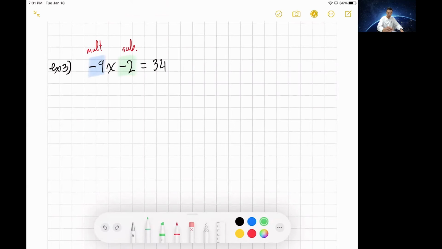So again, I'm assuming that you already paused and you tried it. And now I'm going to show you what the answer is. Plus 2, right? And that's how I get rid of those. I end up with the multiplication relationship at the end. That's all that's left. Negative 9x equals 36. Now again, how do I cancel that multiplication with division?